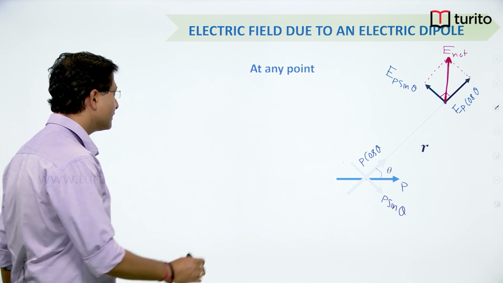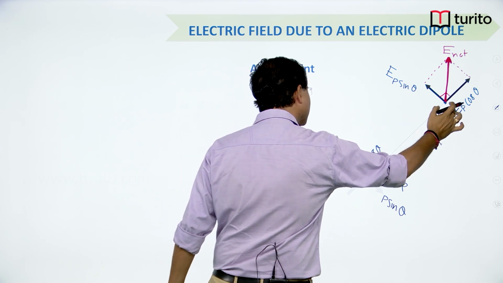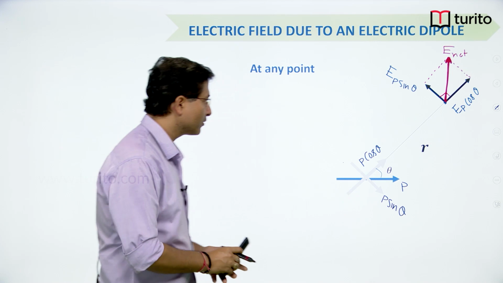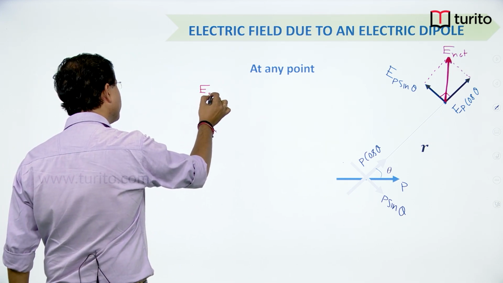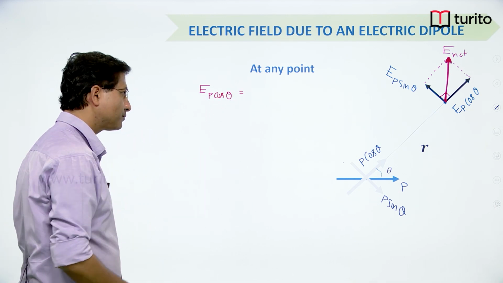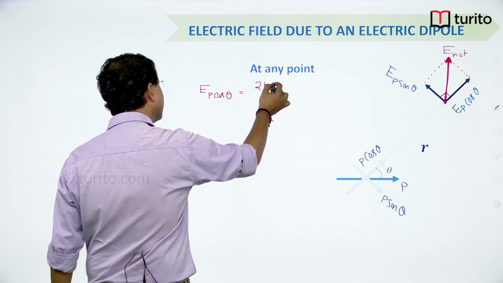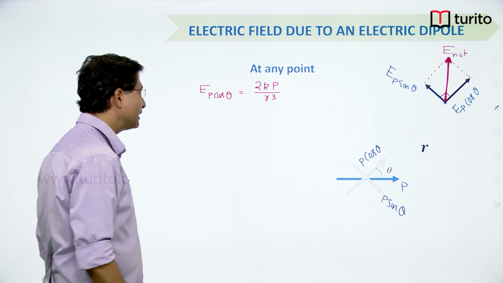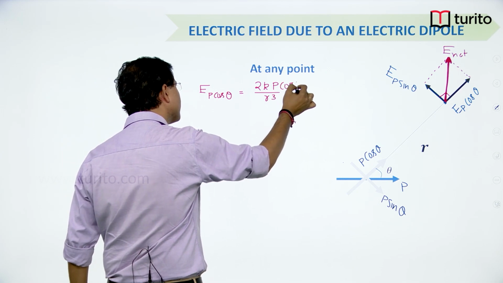So what I can write, first let's find out the field produced by P cos theta at that particular point. So the field produced by P cos theta will be equal to that of an axial point. Axial point we have seen is 2kP divided by r cube, where instead of P now we need to write the P cos theta component.